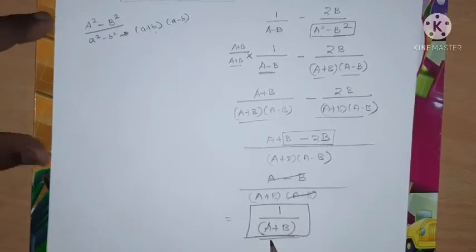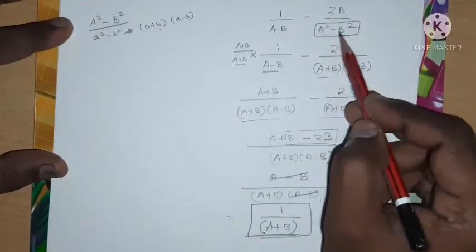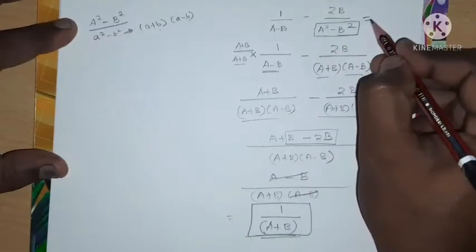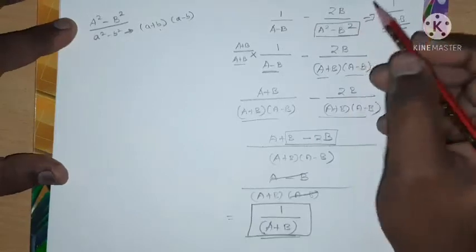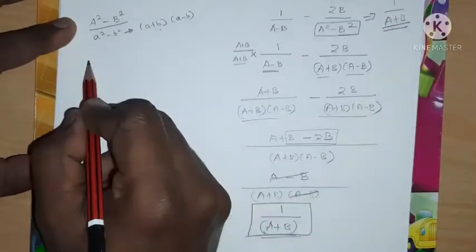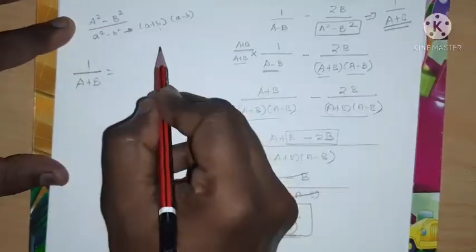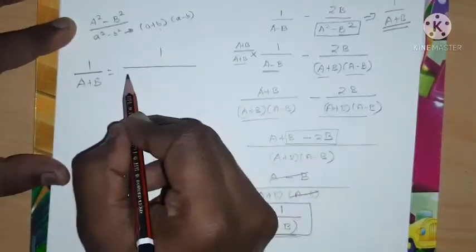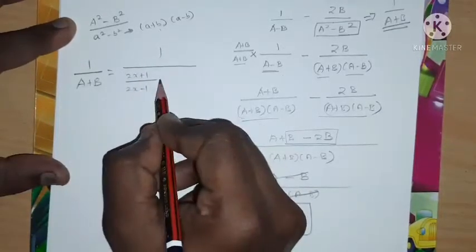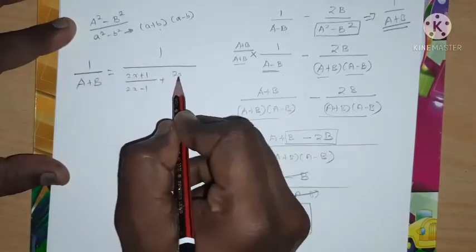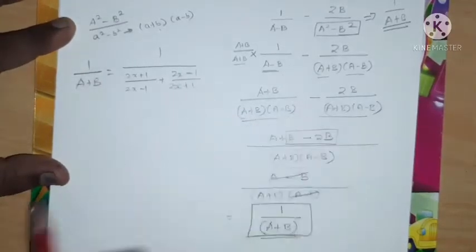We simplified now. The 1 by (a − b) minus 2b by (a² − b²), we simplified as 1 by (a + b), right? Fine. So now I'm going to find the value of 1 by (a + b). So 1 divided by, what is a? a is (2x + 1) divided by (2x − 1), and at the same time b is (2x − 1) divided by (2x + 1).